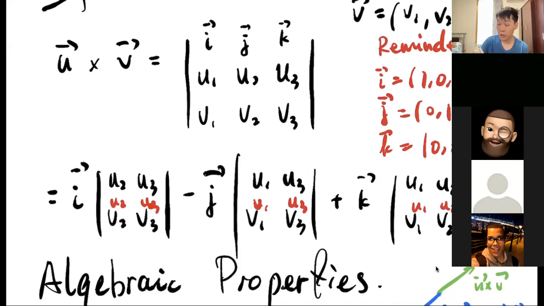So u2 times u3 minus u2 times u3 is 0, right? u1 times u3 minus u1 times u3 is 0. Same thing here. You have the product of two exact same things, and then they subtract from each other. So 0 here, 0 here, 0 here.